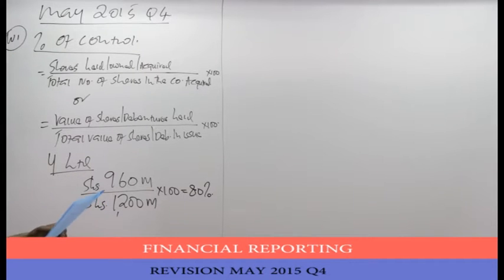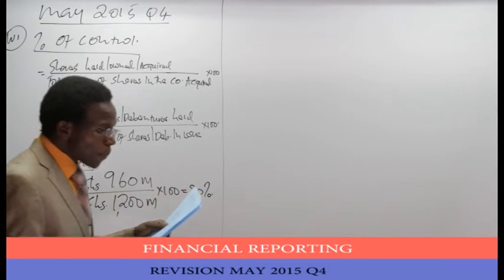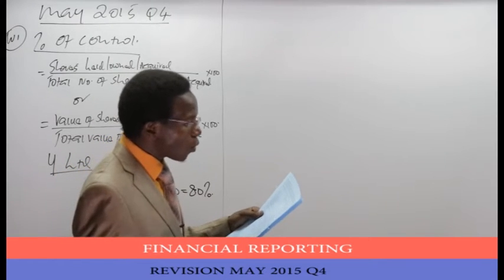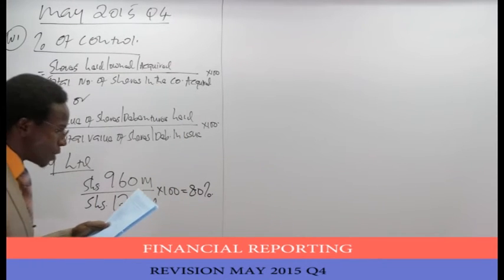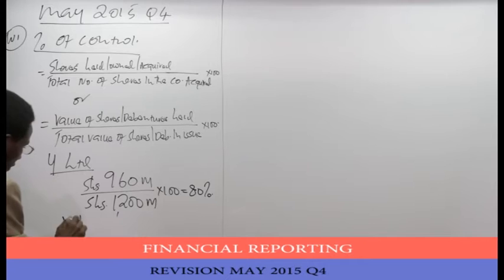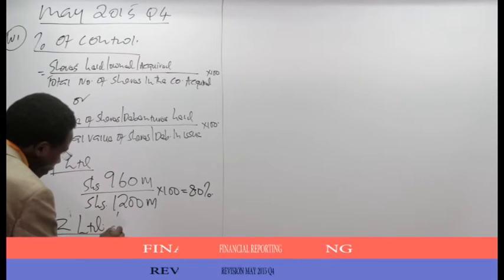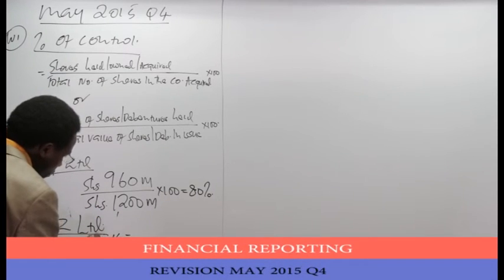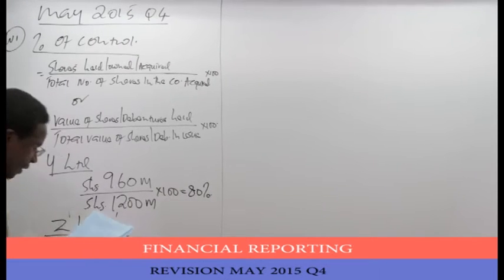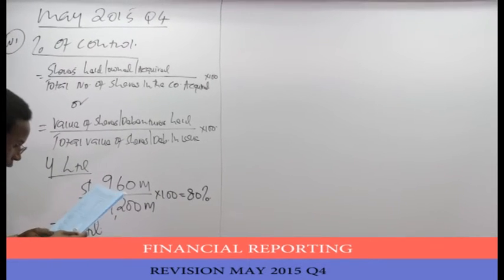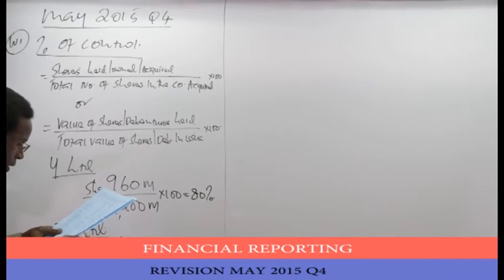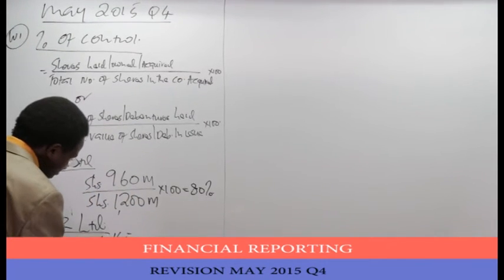How about Z? On 1st April, X Limited also acquired 165 million of the share capital of Z Limited. For Z Limited, we acquired 165 million, and the total share capital is 660.